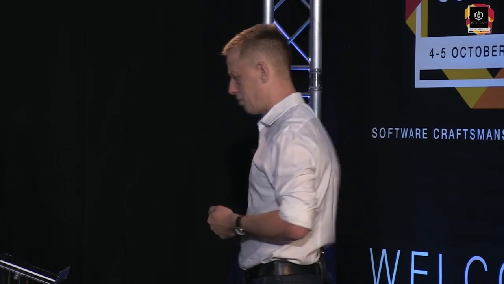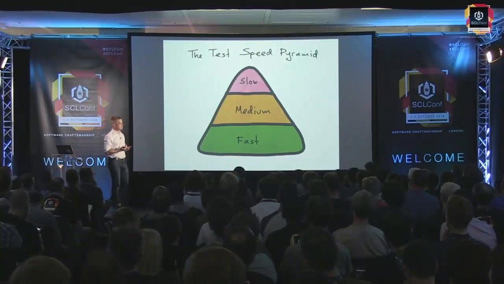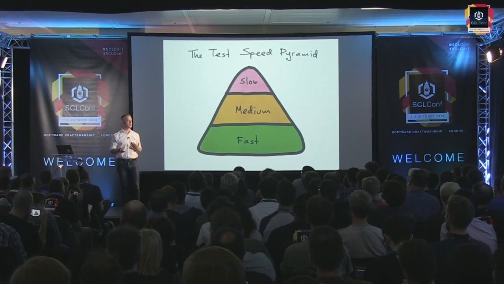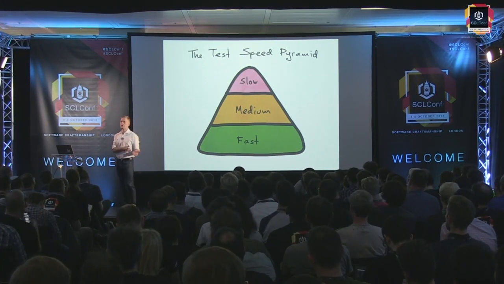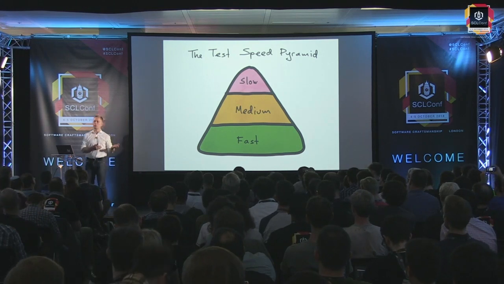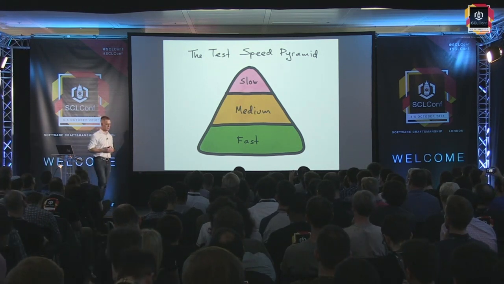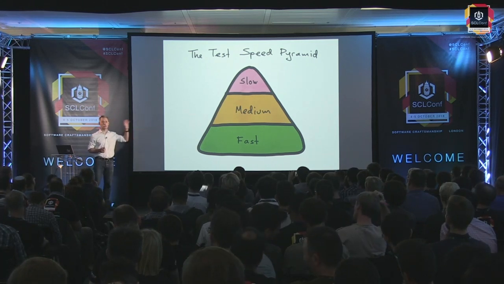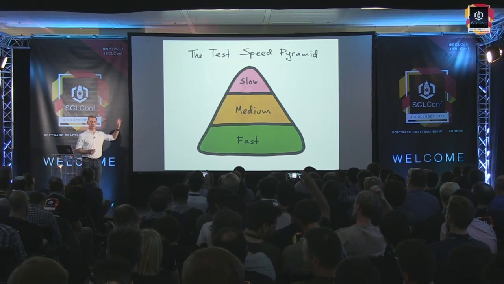So I've got an alternative to this. I call it the test speed pyramid, which is similar, but I'm not making any assumptions about what kind of tests are slow, medium, and fast. Okay? It is true that most UI tests that you come across are slow because they're just written in a stupid way.